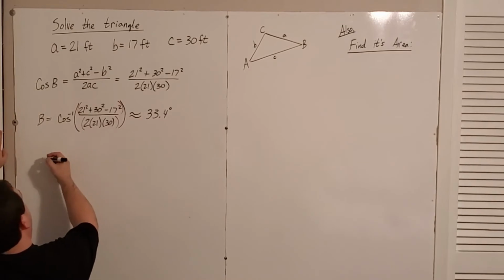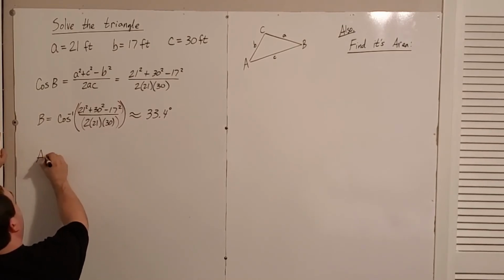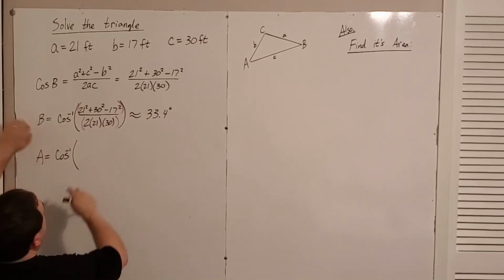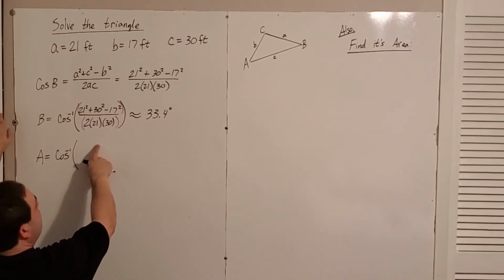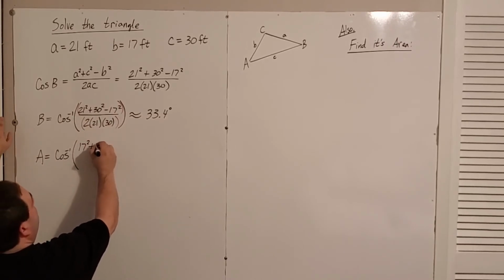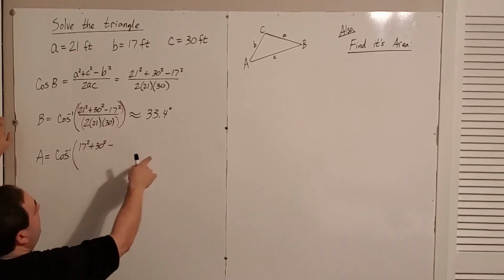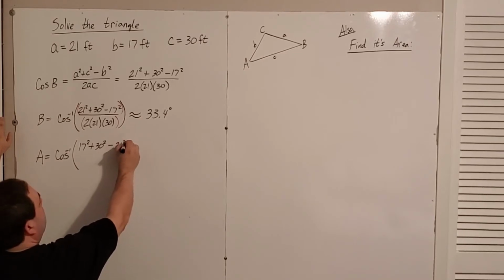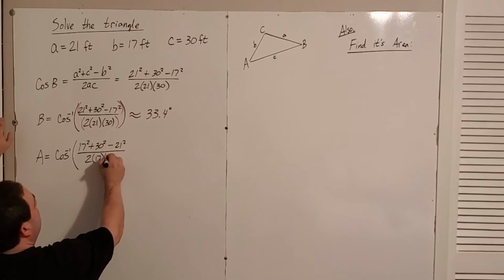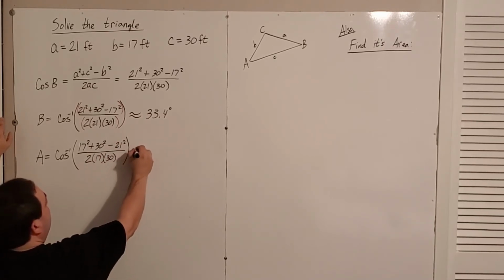Angle A is going to be the inverse cosine of B squared plus C squared, so that's 17 squared plus 30 squared, and then minus A squared, divided by 2 times B times C, right?